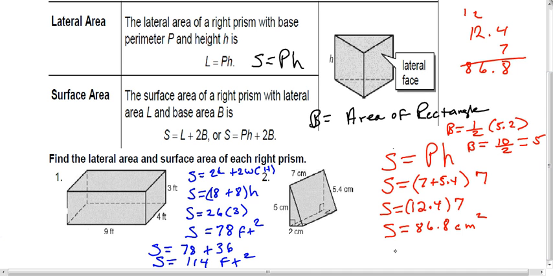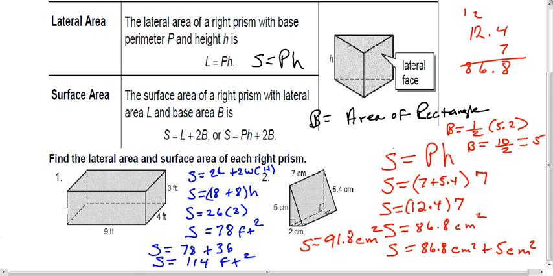So we have here S, and this is our total surface area, is equal to 86.8 centimeters square plus 5 centimeters square, and S, or our total surface area, is going to equal 91.8 centimeters square.